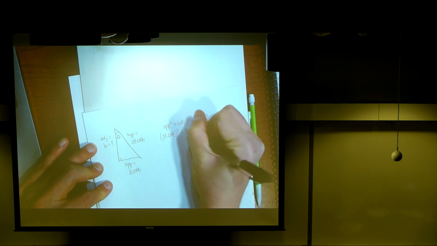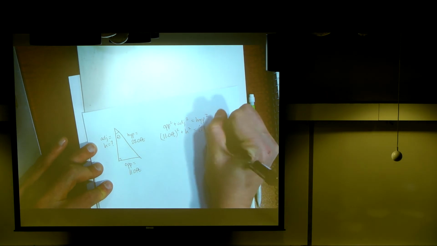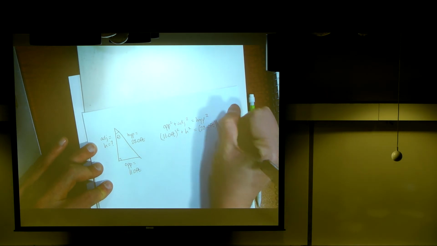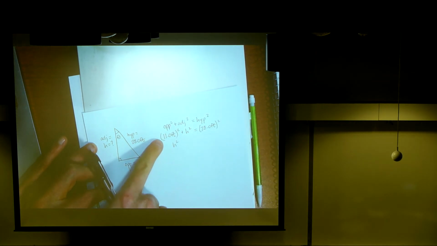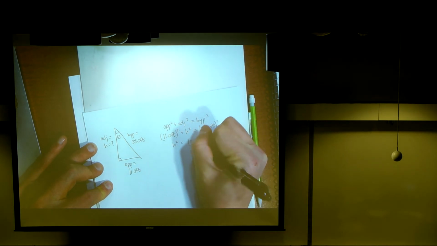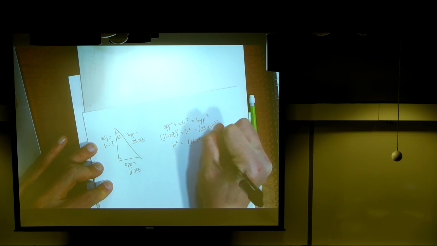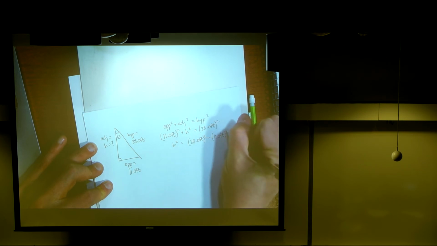For adjacent, that's my unknown h. For hypotenuse, that's 28.0 feet. So I'm trying to solve for h. So let's subtract 11 feet squared on both sides. h squared is equal to 28.0 feet squared minus 11.0 feet squared.